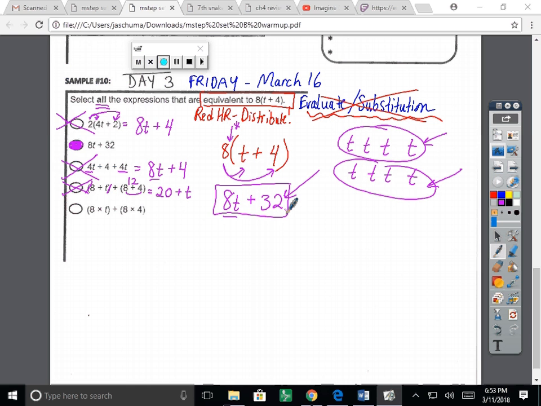Oh, and then there was this last choice. Let's take a look. Well, I could read this as 8 times t, or 8 groups of t. Okay, I saw that a minute ago. 8 groups of t. There's 4 groups. 8 groups of t. Oh, you know what? All those together gets me 8 t's. Well, then over here, I notice I can actually do this multiplication inside parentheses.